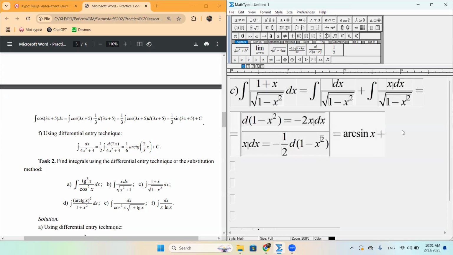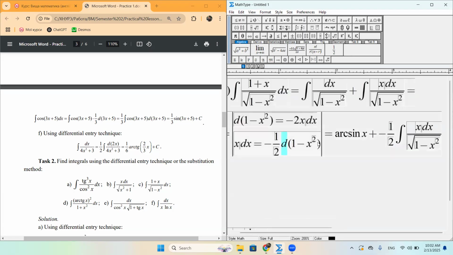So now what we will receive is minus 1/2, and this integral will look like this.